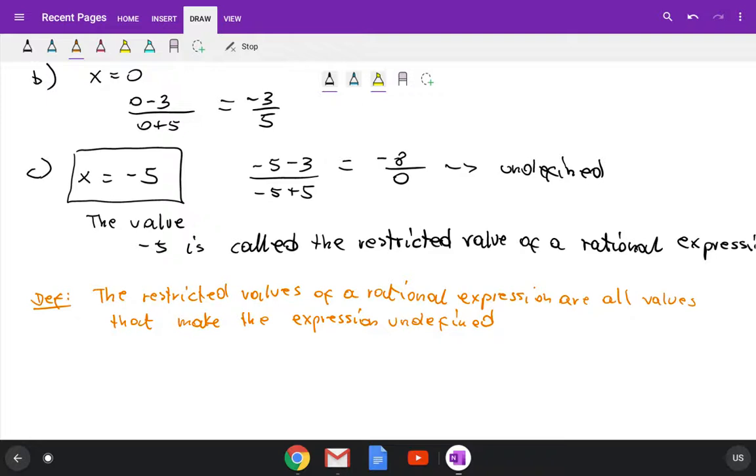What does it mean to make the expression undefined? That is, make the denominator equal to 0.